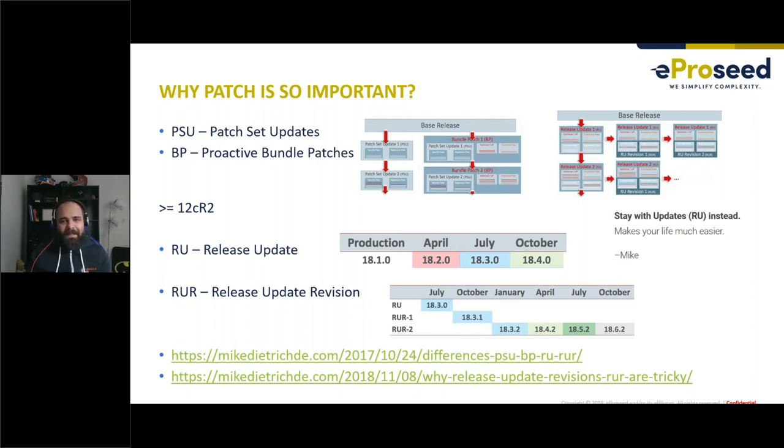So Oracle replaced the BP, which was a superset of PSU plus optimizer and functional fixes, with the RU, or release update, and also the RUR, which means release update revision.